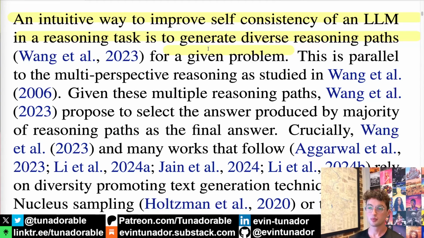So one way to improve performance and self-consistency of an LLM in a reasoning task is to generate diverse reasoning paths for a given problem, right? Traditional self-consistency, the prompting technique anyway, talks about having the LLM give you multiple answers, like literally just make a new chat window in ChatGPT's online interface, ask the same question over and over again in different chat windows, and choose the best answer, right?